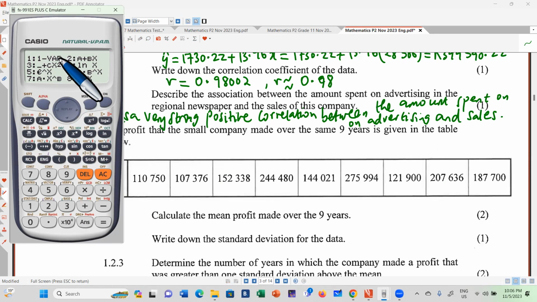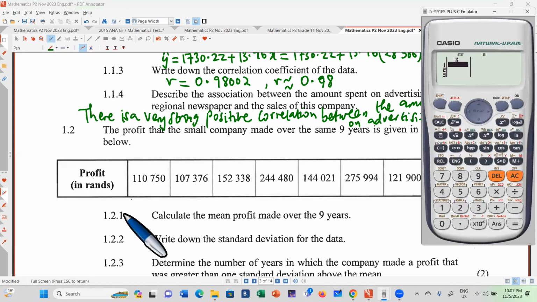One variable is 1. And then this table is going to allow us to punch in all these figures. So let's start here with 110,750. Then 107,376.